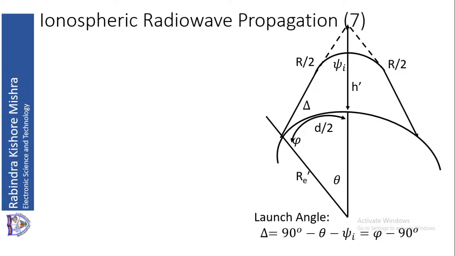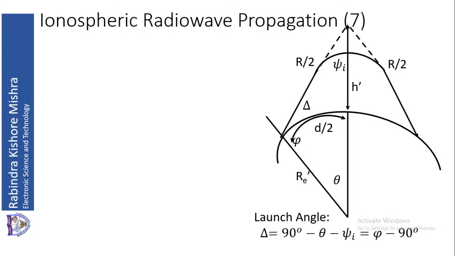Therefore delta is equal to phi minus 90 degrees. That you can also express in terms of the larger triangle: delta is equal to 90 degrees minus theta minus psi I. The total of theta plus psi I plus the remaining angle is 180 degrees. From that you can say delta is equal to 90 degrees minus theta minus psi I.